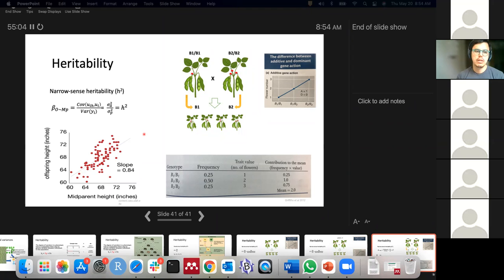Because remember, narrow sense heritability is basically how many genes or regions they share between the lines. So the more genomic or sequence regions they share, the more similar those phenotypes are going to be. And great question. I don't know if I answered the question or if you still have questions about that.